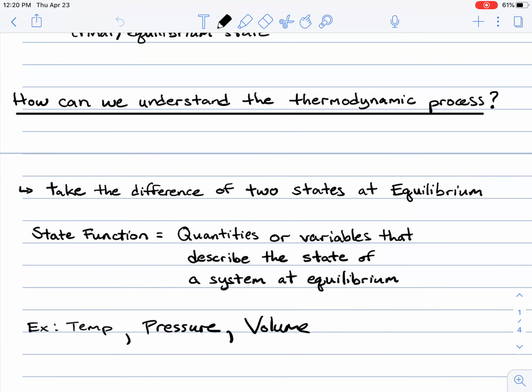And if you guys are taking the difference between the two states, then that's simply going to be things like delta T or delta P or delta V, which is once again something that you guys have encountered in prior chapters in this first year of general chemistry.